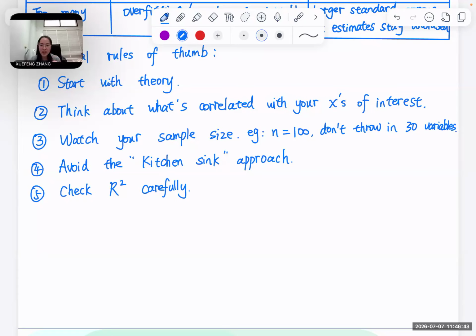So you can use adjusted R squared instead, because adjusted R squared penalizes you for adding variables that don't help.